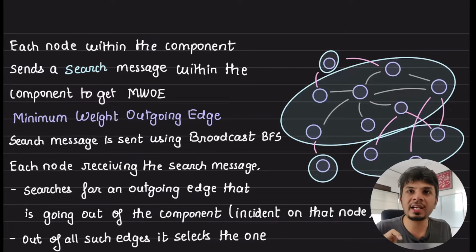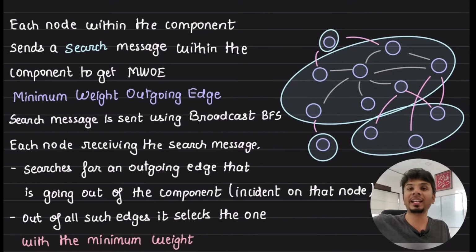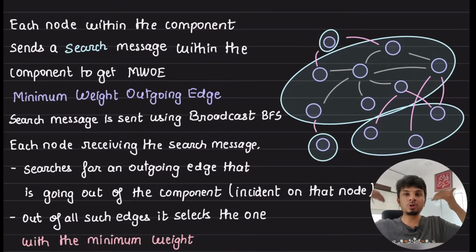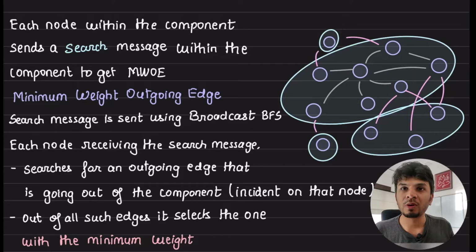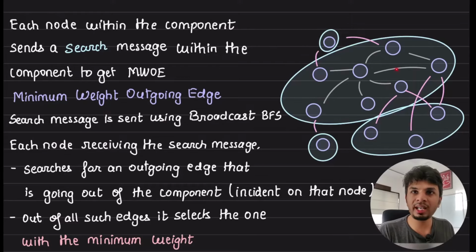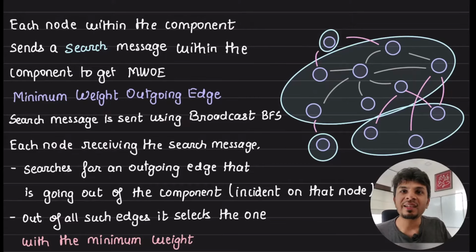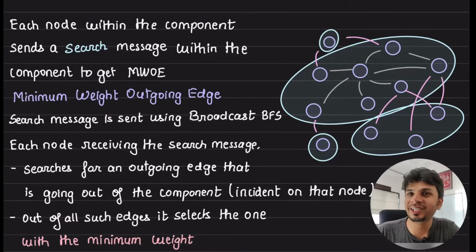This is what we are identifying: from a particular component, which are the edges that go out to other components. Now, because this is a distributed setup, no node in my component knows which are the outgoing edges. This is what we have to identify so that we can merge. These are the constraints that we are playing with in a distributed setup, and that is extremely interesting, right?